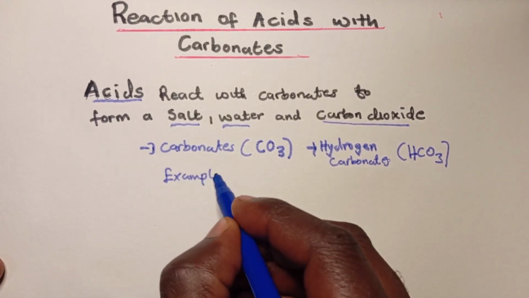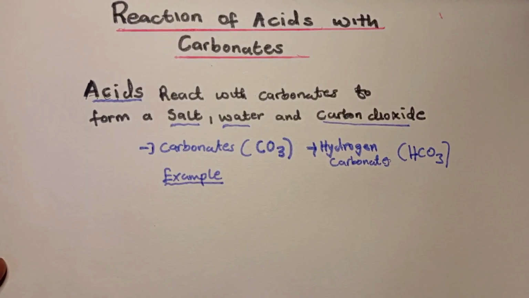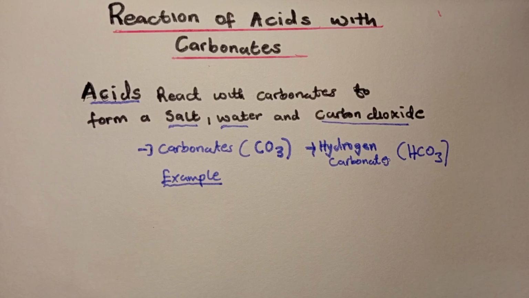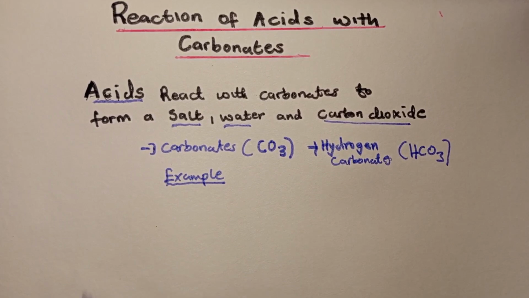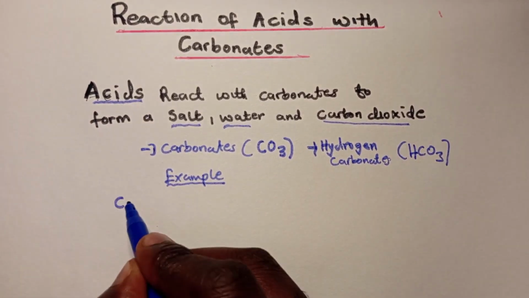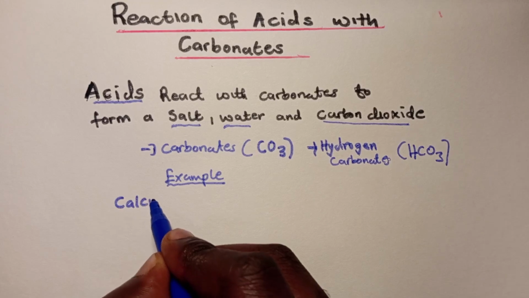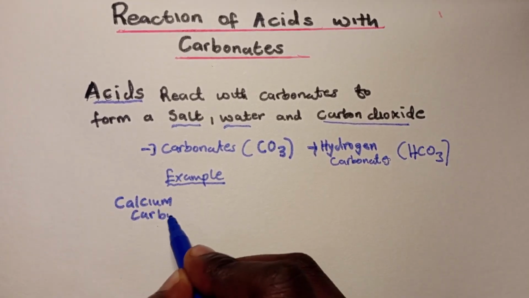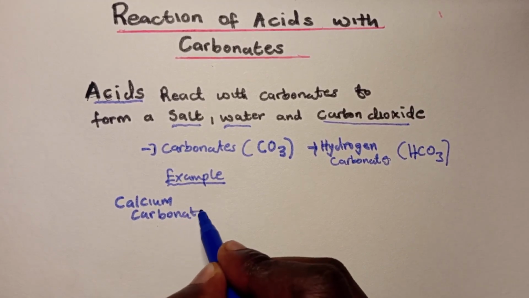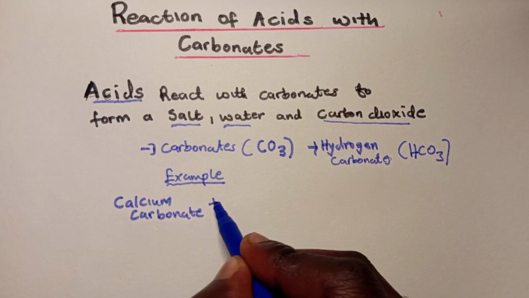I should expect by now you know at least different types of acids, different types of metals, and also carbonates. So we have what we call calcium carbonate. This is calcium carbonate. It can react with an acid of your choice.